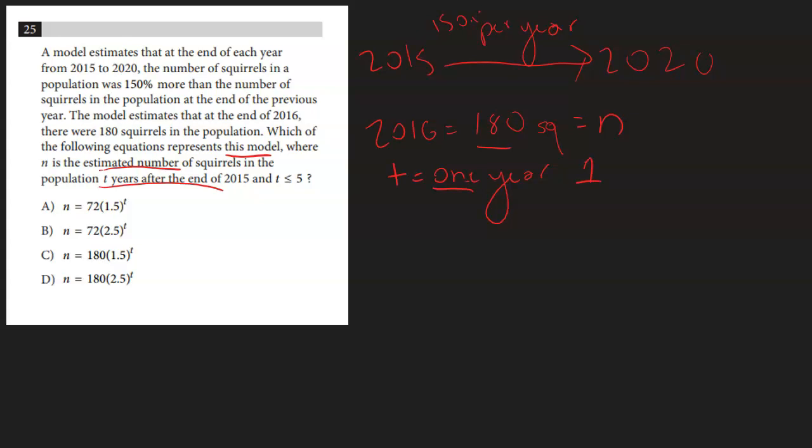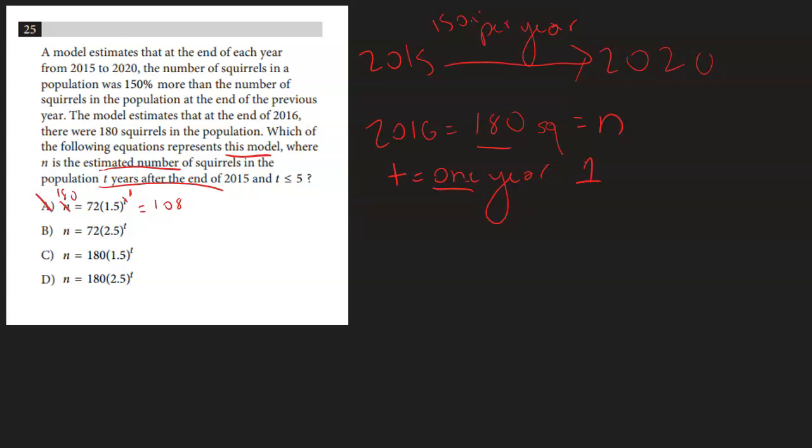So if we plug this into the equation, we can just find which model will get us 180, because n is supposed to be 180 and then t is 1. So if we plug this in, we know 72 times 1.5 is 108, so we know this model is not correct.